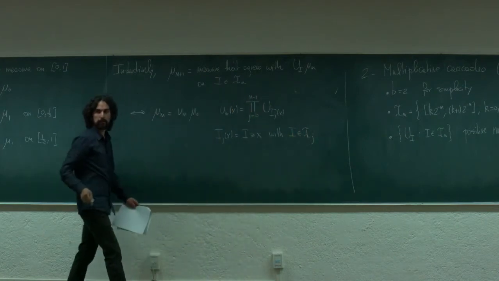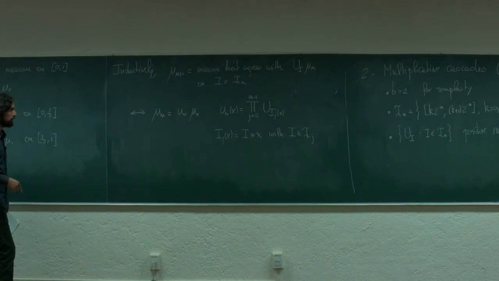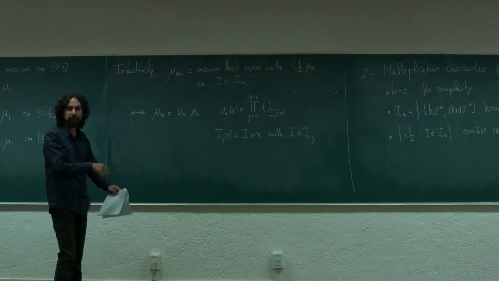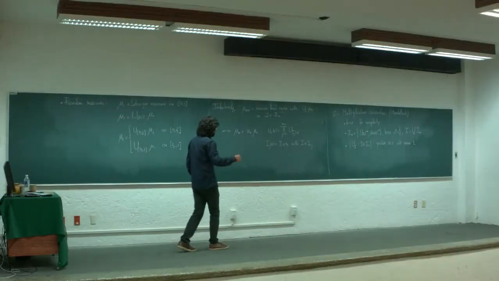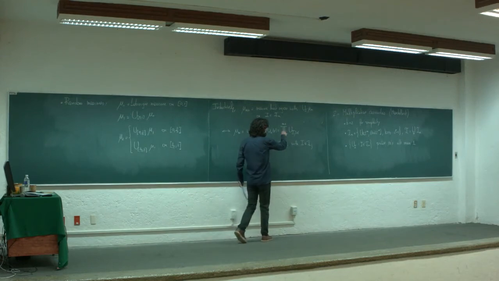So you just keep track of, let's say, just the dyadic representation of x. And based on that, you have this product of random variables.